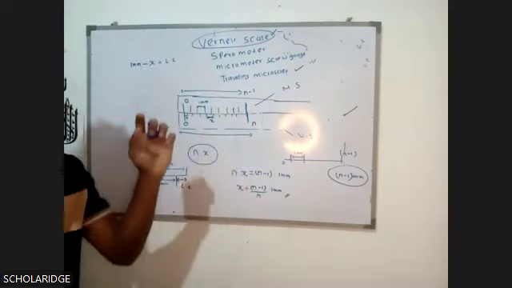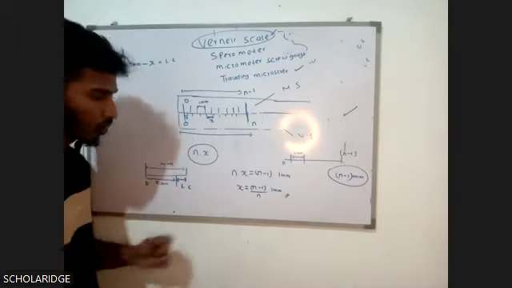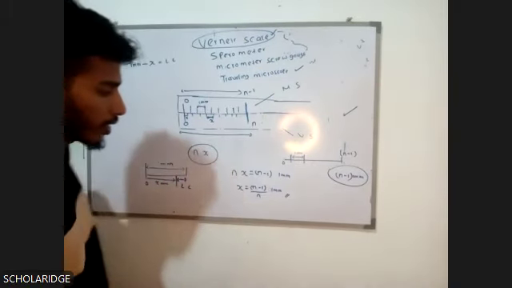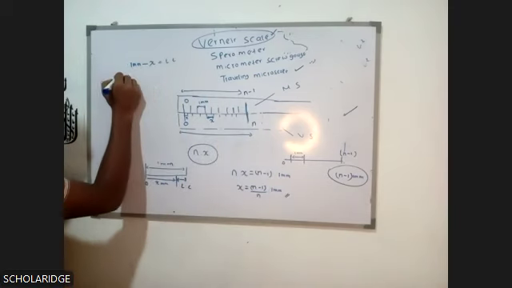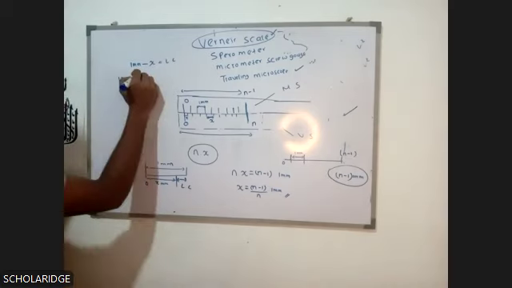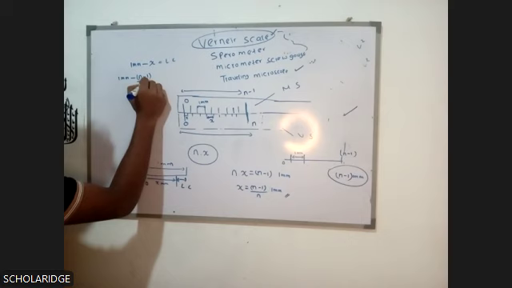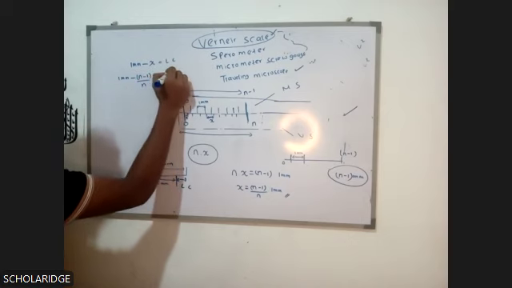Okay. So you can see that x is equal to (n minus 1) divided by n into 1 millimeter. When I substitute it here, 1 millimeter minus (n minus 1)/n into 1 millimeter will be my least count.